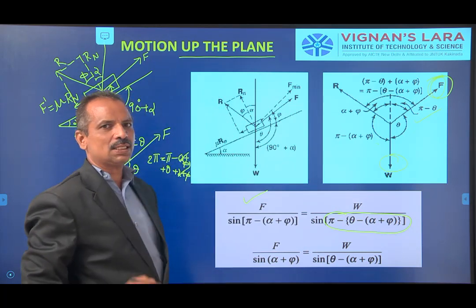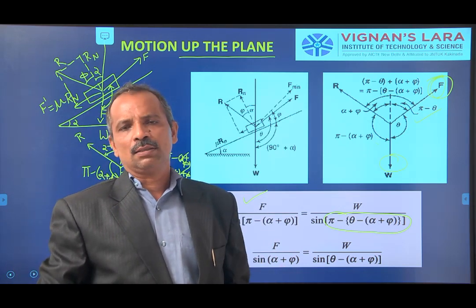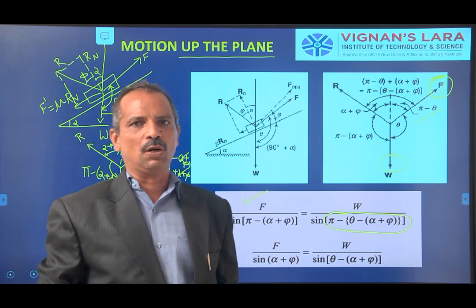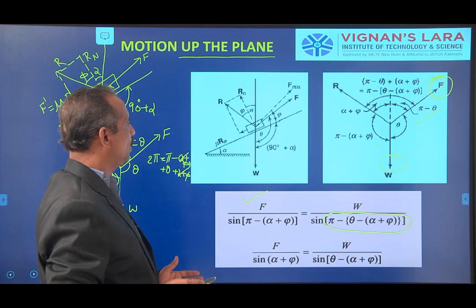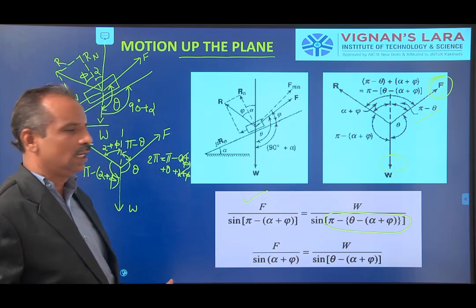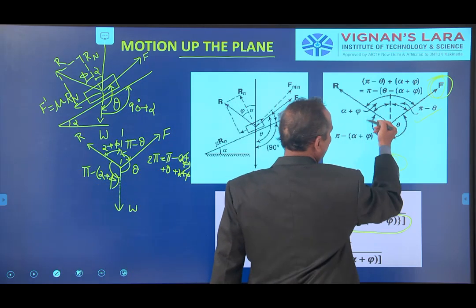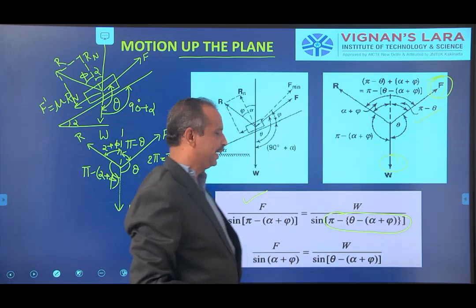Lami's theorem says that in an equilibrium state, if three forces are acting on a body, then each force divided by the sine of its opposite angle is equal for the other two. That means F by this, W by this, and R by theta are equal.